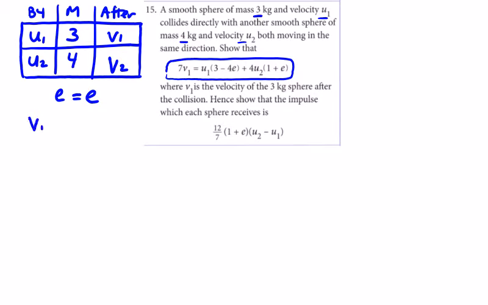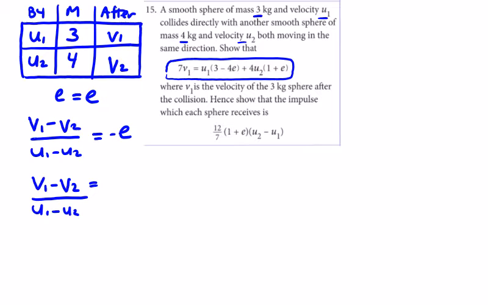Okay, well let's start off with v1 minus v2 over u1 minus u2 equals minus e. So we're going to get v1 minus v2 over u1 minus u2 equals minus e.